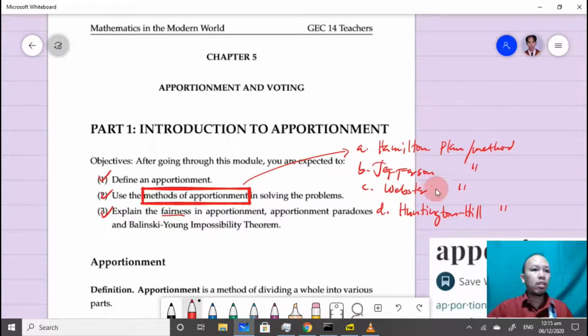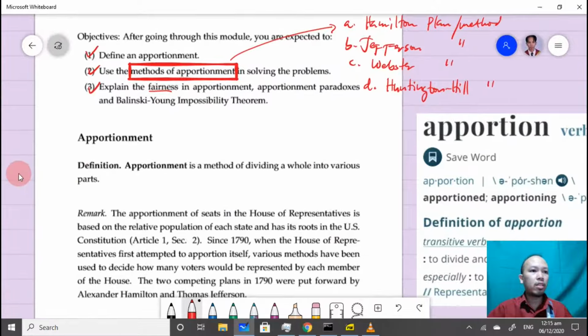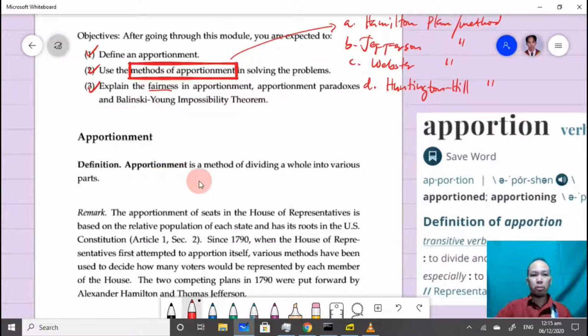Okay, so for the first definition, what is apportionment? Apportionment is a method of dividing a whole into various parts.